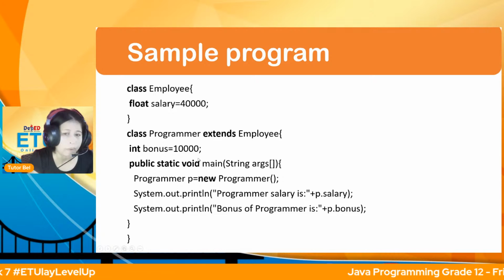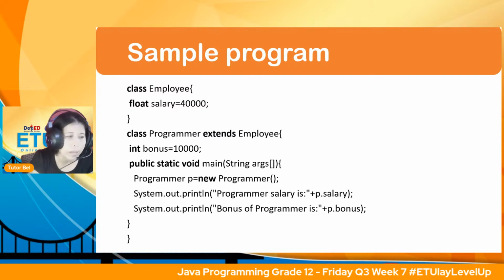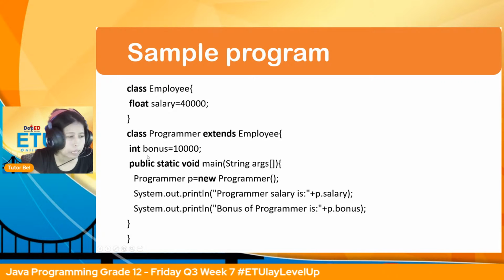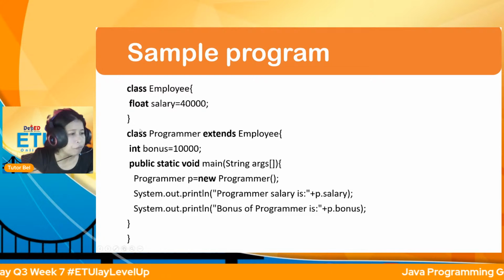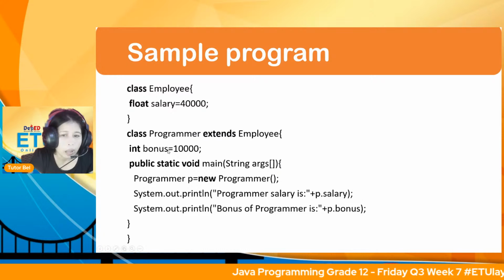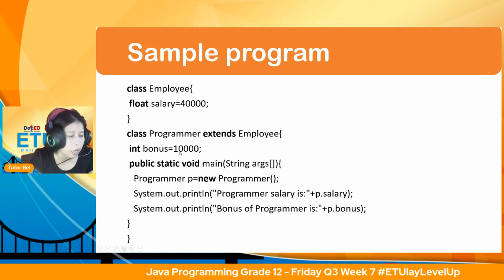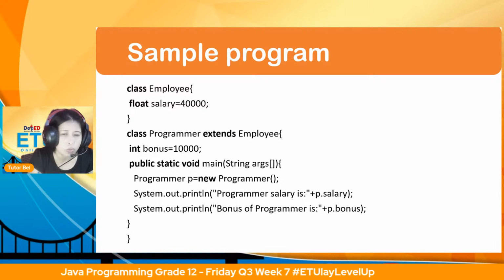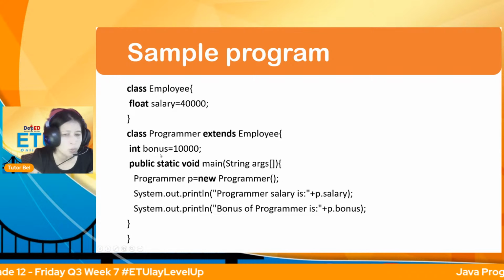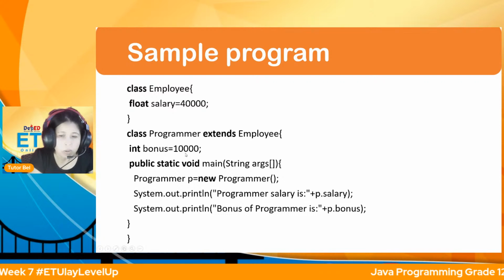Okay? So in this case, dinagdagan natin siya ng bonus. So aside from the salary, nagdagdag tayo ng another attribute specifically for the Programmer, na meron siyang attribute na bonus, 10,000.